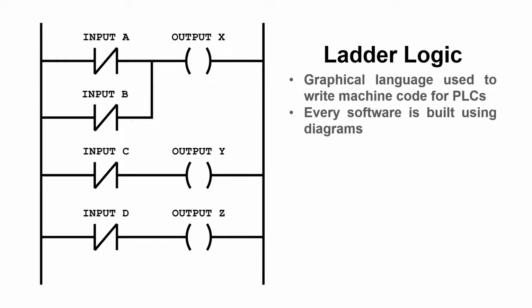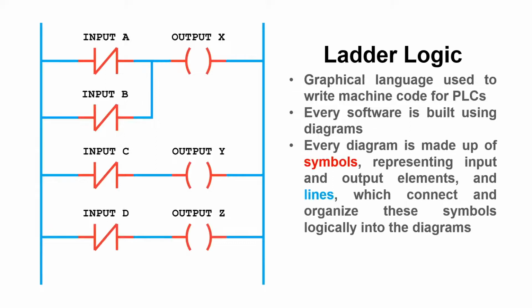In ladder logic, every program is represented by a set of diagrams, and every diagram is made up of symbols representing input and output elements, such as buttons and conveyor belts, and lines, which are responsible for connecting those symbols into the diagrams. In this diagram, symbols are shown in red, and lines are shown in blue.